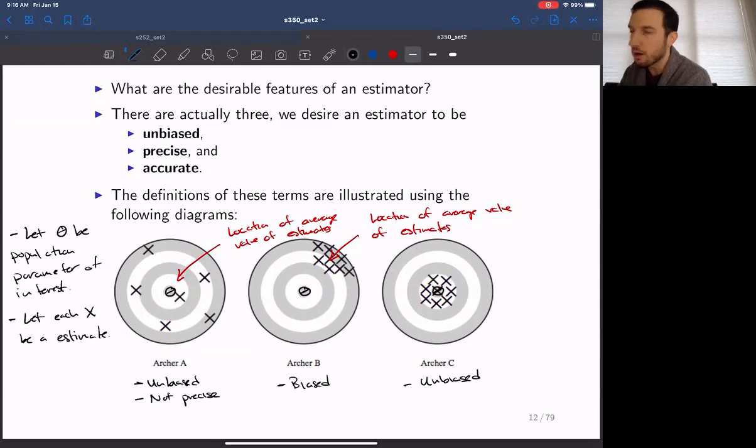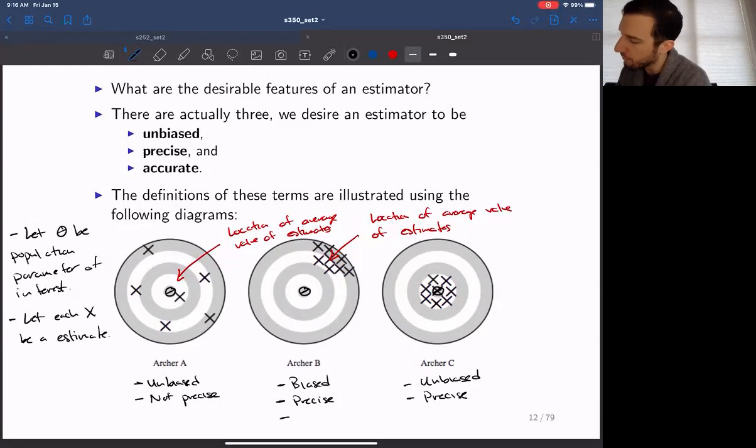Whereas if we compare to Archer B and Archer C, these are both illustrations where we have precision. The idea of being precise means that the collection of estimates are close together, so they're in the same area as one another. Archer B shows a biased illustration, so again, the estimates are not close to the true value, but they are precise because they are close to one another.